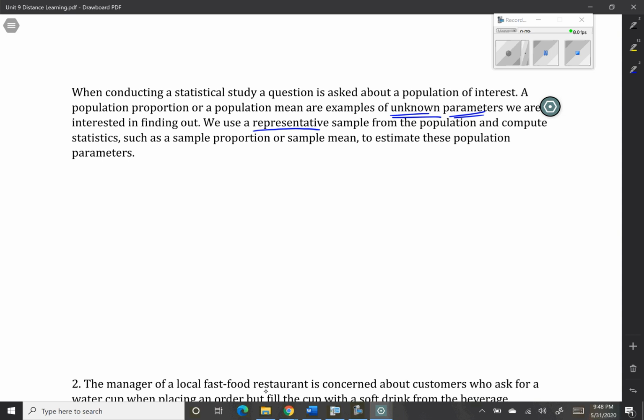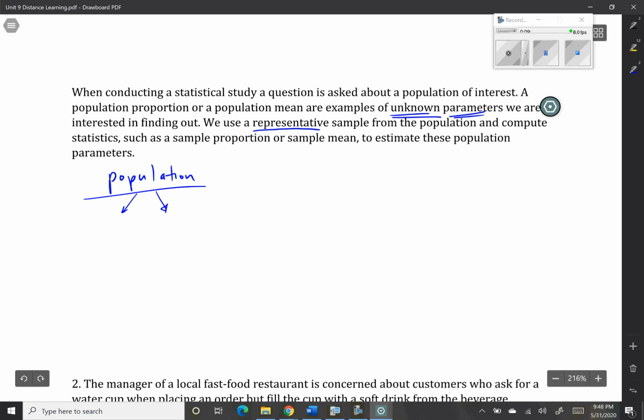Okay, so let me just give you an overview of what we just talked about there. So first, we have what's called a population. And a population has 2 things that are true about it.